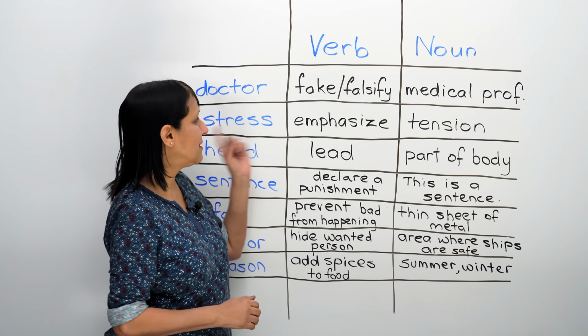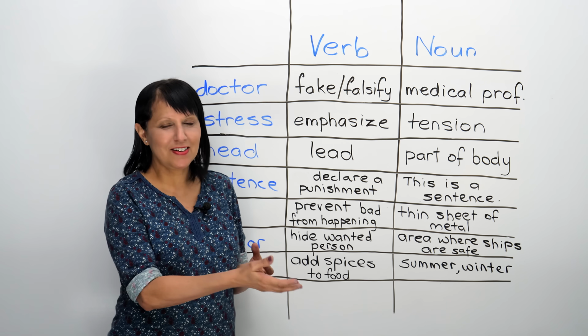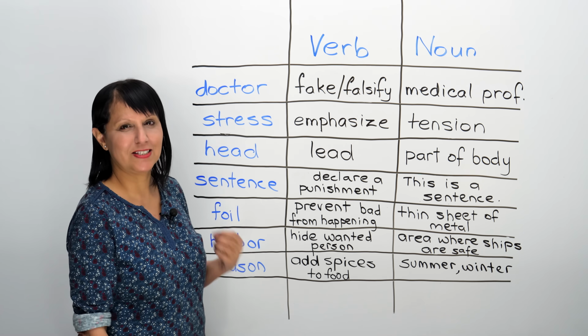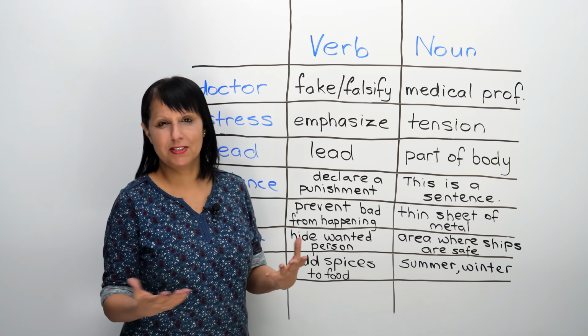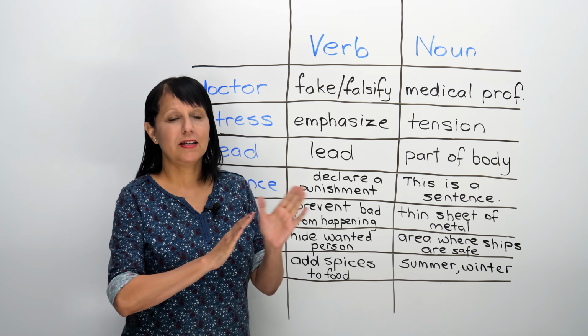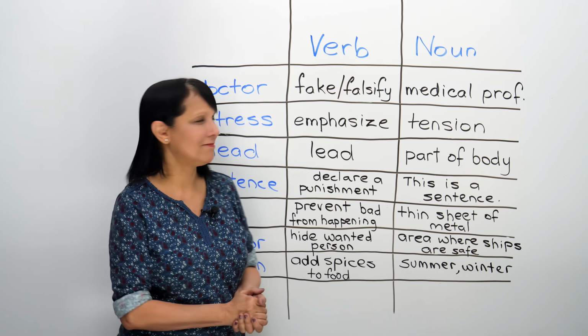That's the meaning of the verb to doctor something. It's not a very positive word. This is a positive word. That person helps a lot of people. But the verb doesn't have a positive meaning. So that's how different a verb and a noun can be, all right?